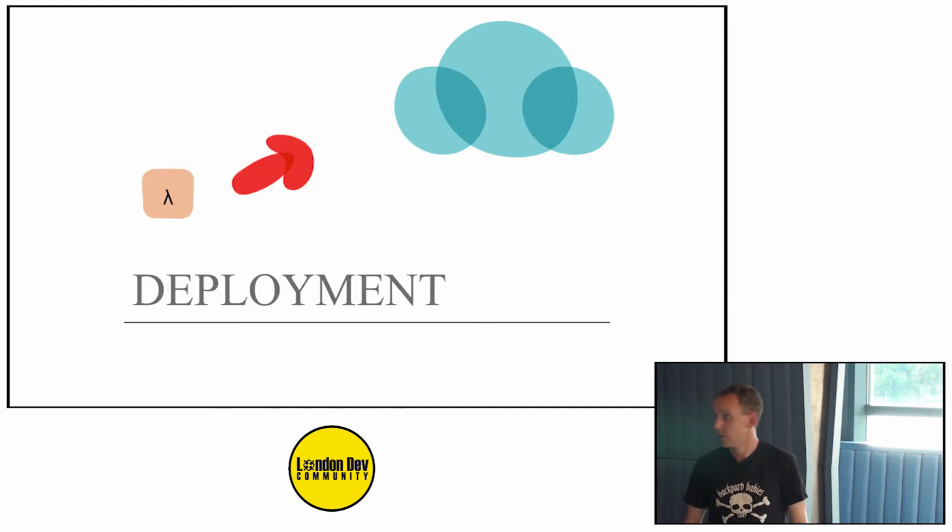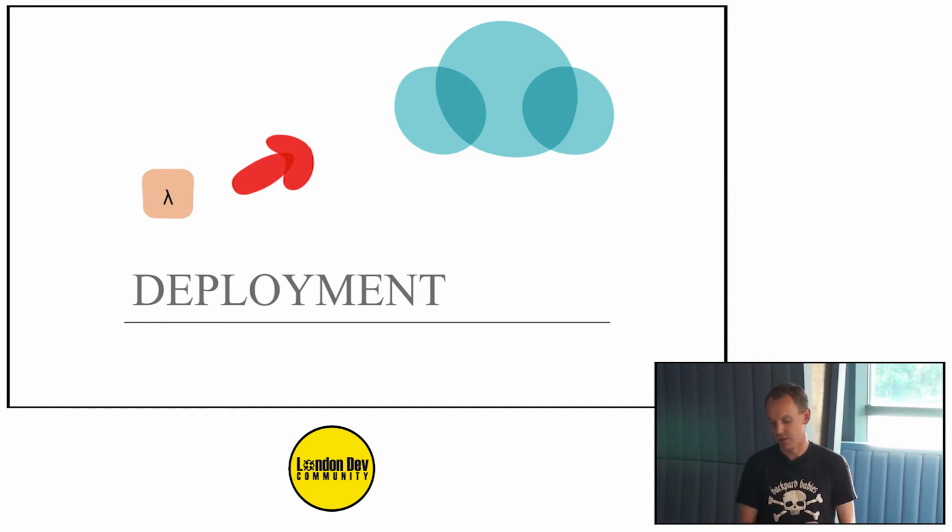It's pretty good. So deployments, what are they like? How does that work? So pretty simple, really. You've got your functions, and basically you bundle your functions up into some kind of package format, and that package format differs based on what runtime you've chosen. So for the Node.js stuff, it's just a zip file.